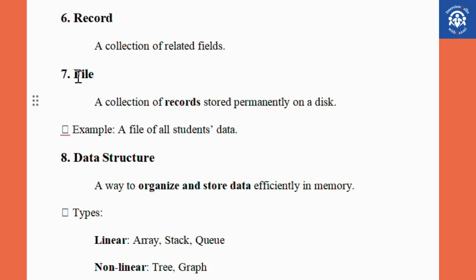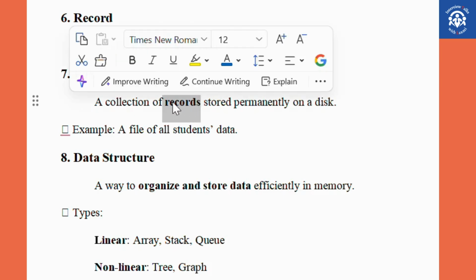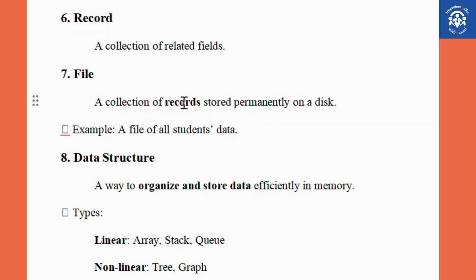College entry file means we will be having the records of old students, the records of currently studying students, and the records of new admission students. That collection of all records we can call as a file. So a file of all students data is the best example for the file.